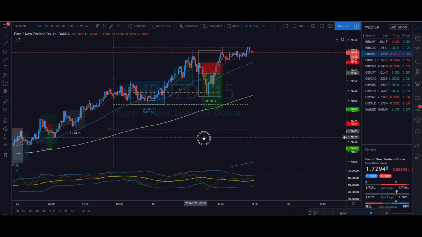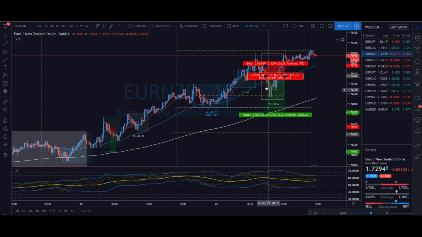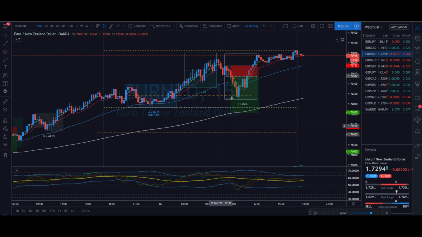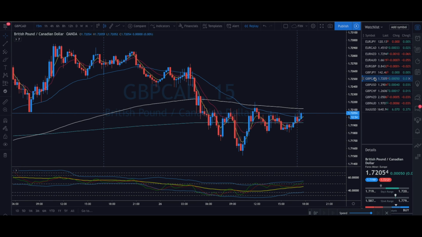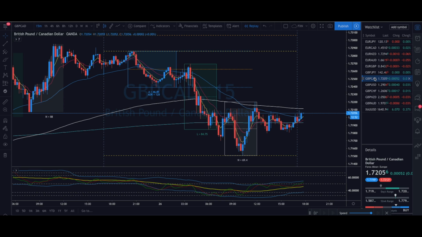Okay, so break-even trade during the US session, and then pound USD, pound CAD, both trades taken during the London session. All right, so guys, those were the daily setups for today. Literally nothing else on any of the other pairs that we actually looked at or took, so that was it.